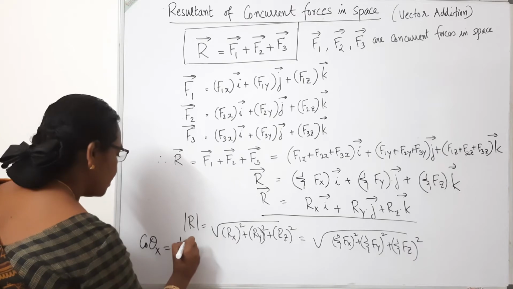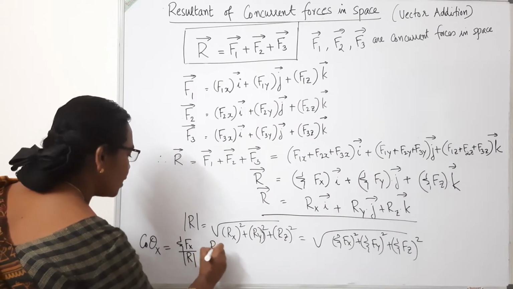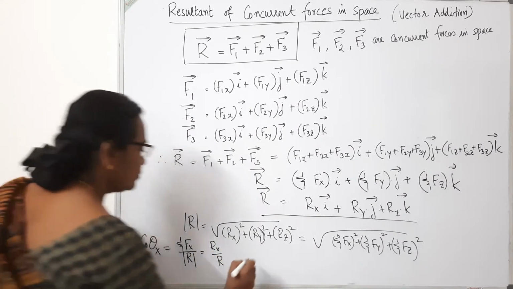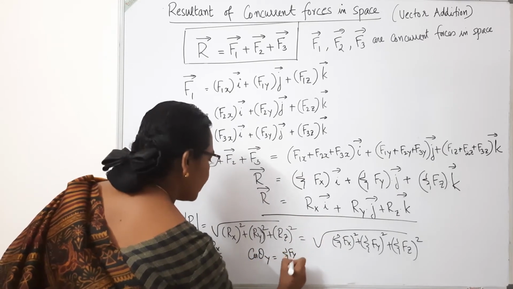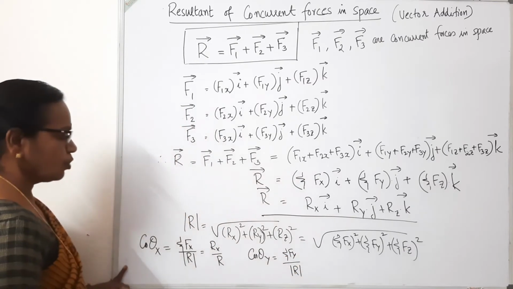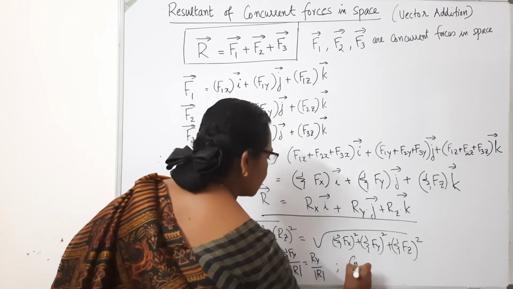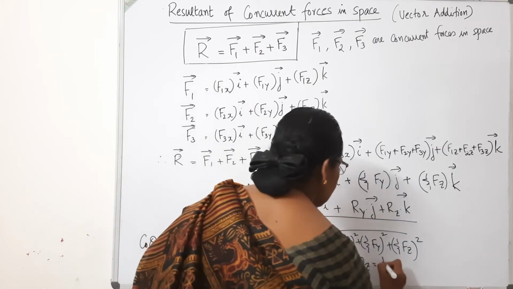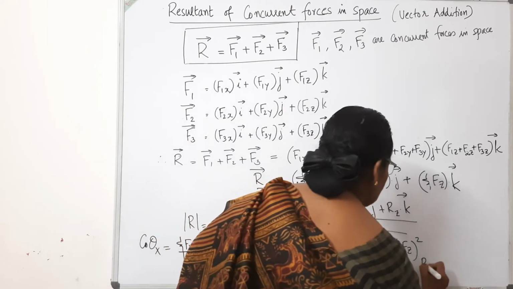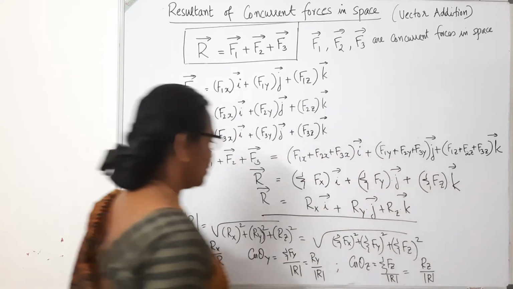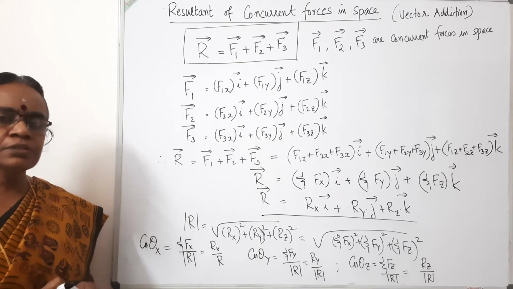Sigma fx by R, or Rx by R. Similarly, cos theta y is sigma Fy divided by the magnitude of R, or we can write it as Ry by R. And similarly, cos theta z is sigma Fz divided by the modulus of R, or it is Rz by R. So finding the resultant of a concurrent force system is nothing but vector addition.